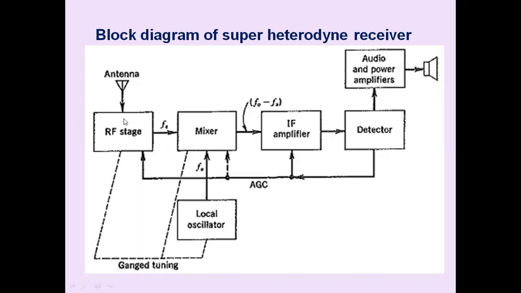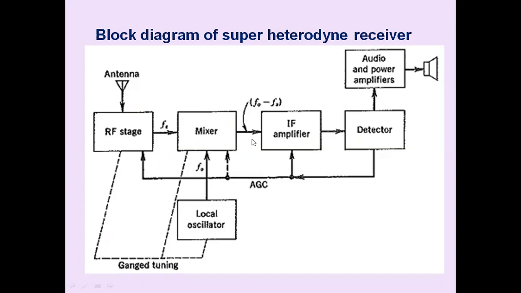Whatever may be the incoming signal, it is placed onto an IF frequency. The message frequency translation is done in the mixer. The message which is there on a particular radio channel is placed onto the IF frequency. The original message signal components are placed onto the intermediate frequency.